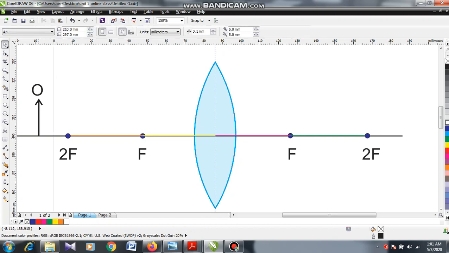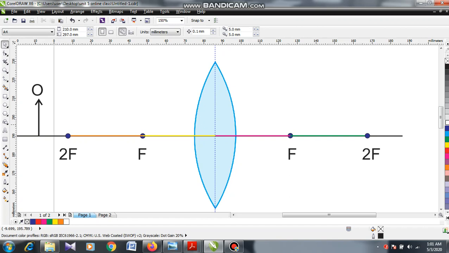Now, to draw an image, we are going to see how the image is formed for this particular object. It's called a vertical arrow object. Its bottom is kept on the principal axis.